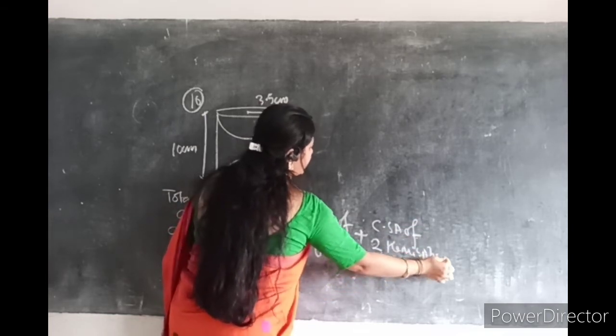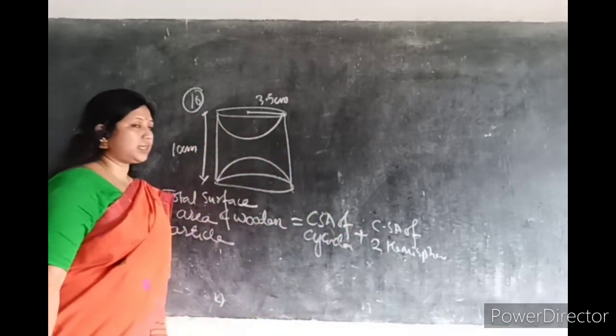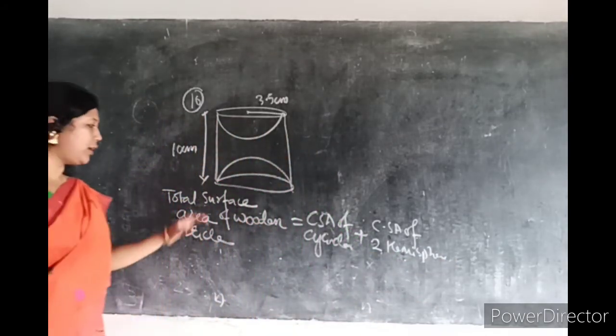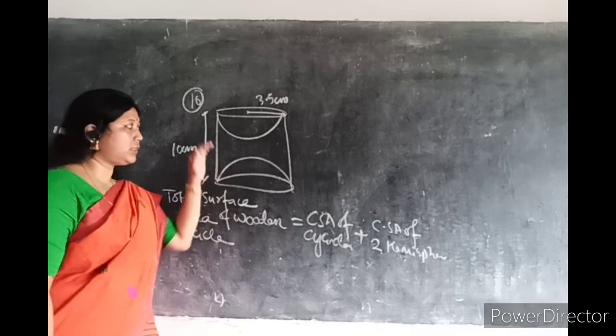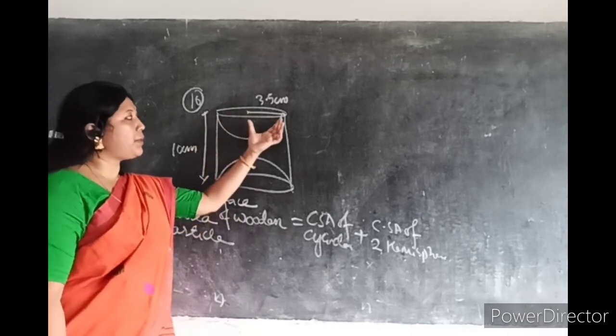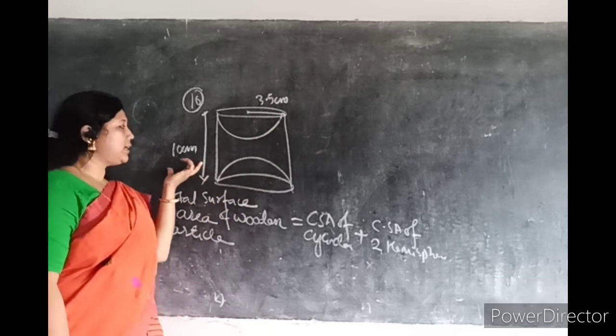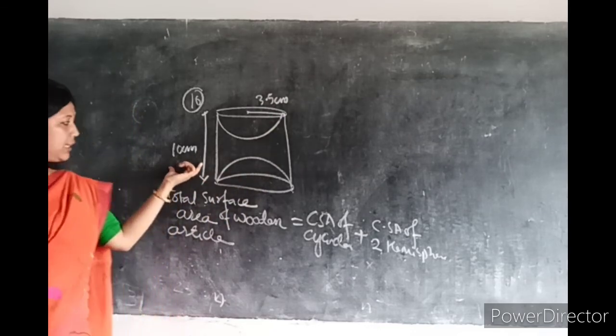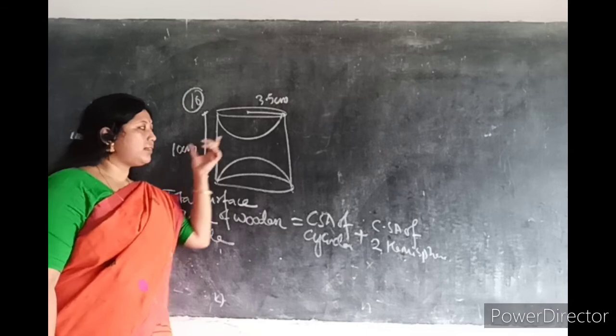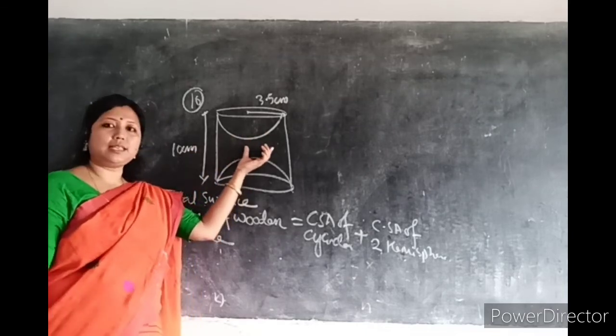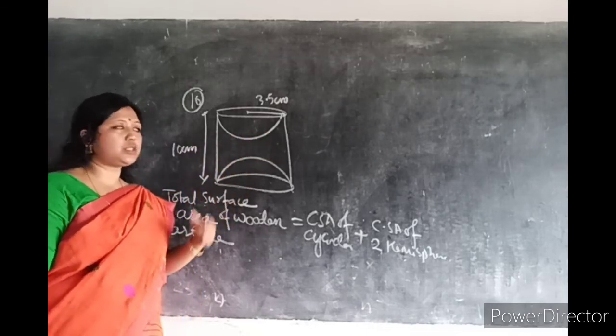Now, before writing this, you have to always write what are the things given to you. Like in the example, you have to write: given radius is 3.5 and the height of the cylinder is 10 cm. Then the radius of your hemisphere is also 3.5.